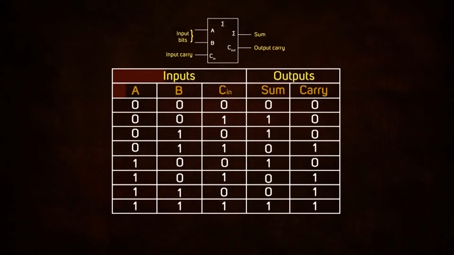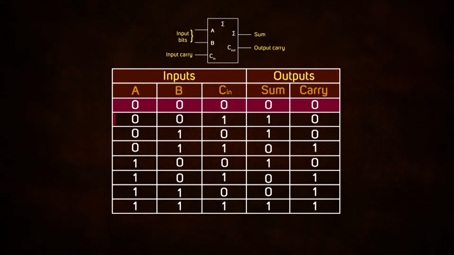If inputs A equal to 0, B equal to 0 and C in equal to 0, output sum equal to 0 and carry equal to 0. This is obtained by binary addition: 0 plus 0 plus 0 gives sum equal to 0 and carry equal to 0.